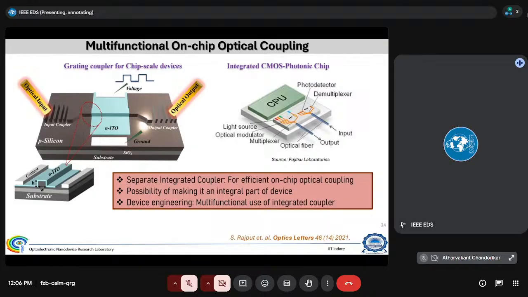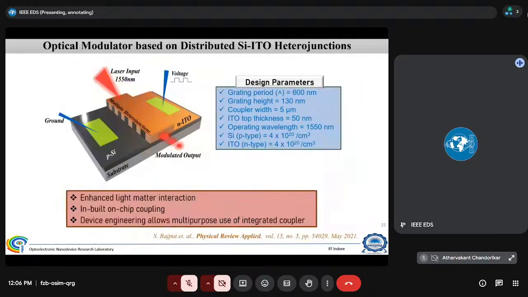So what we were thinking, can't we design our device such that your coupler is an integral part of this and it still shows the same device behavior which you expect? So we did that. As I mentioned a few slides back, we had these distributed heterojunctions and a grating. It's playing a double role here.